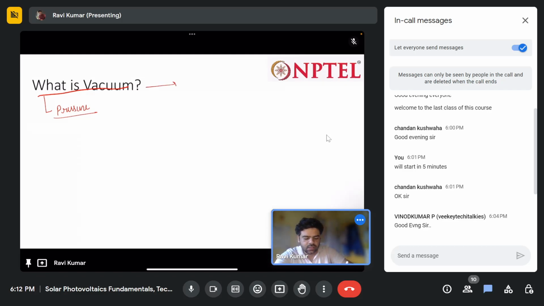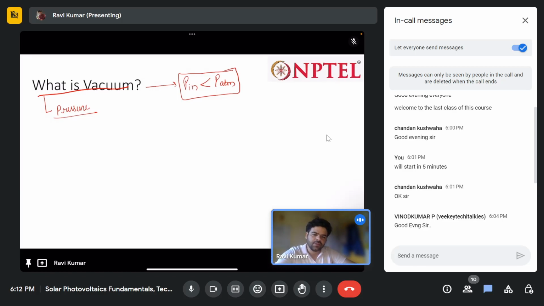Vacuum means the inside pressure is lower than atmospheric pressure, because if there is no air, then the pressure will be very less.